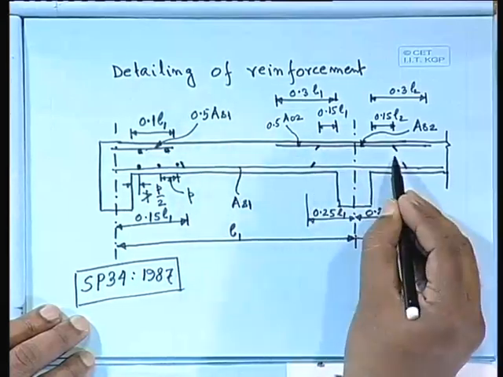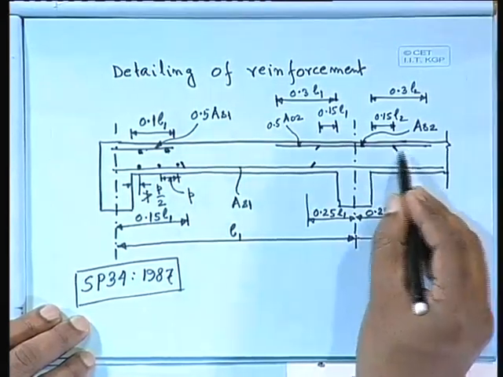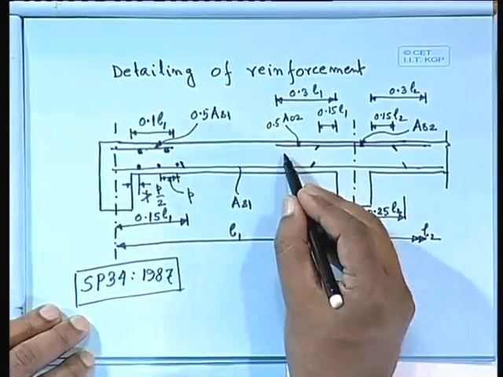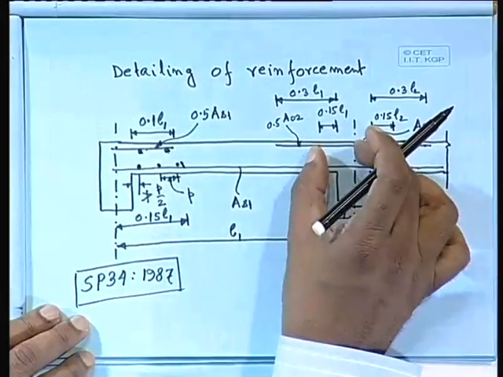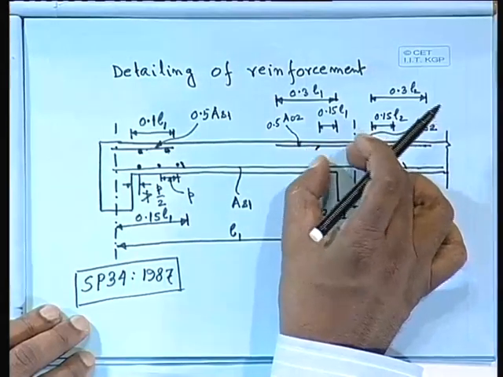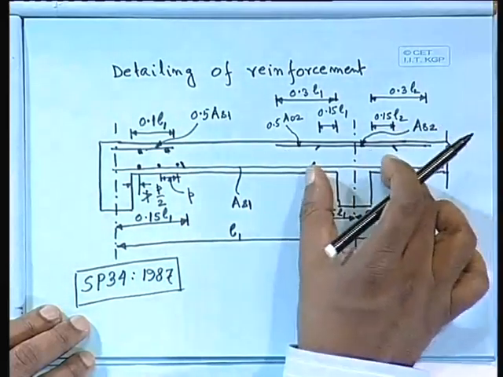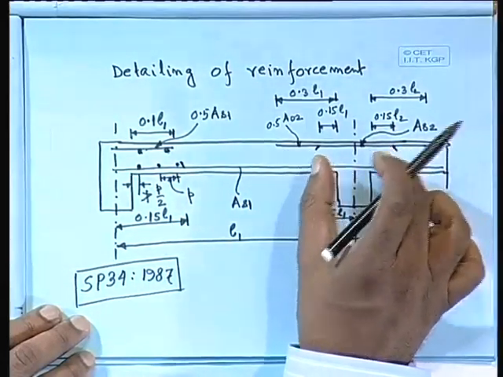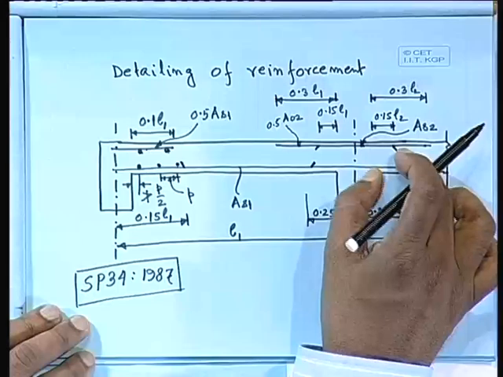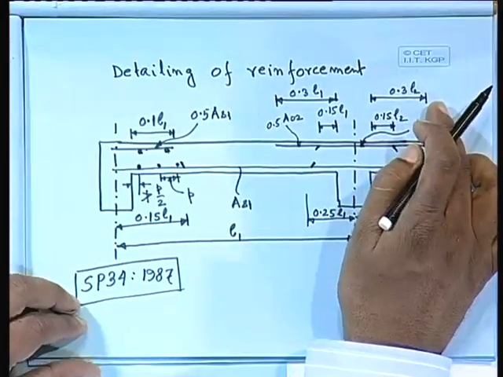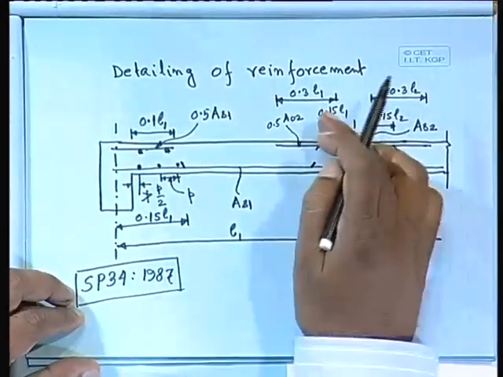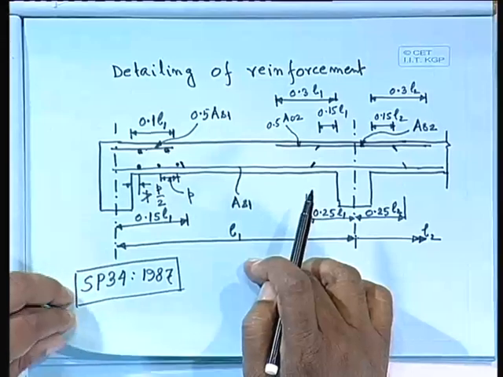So, here we have a curtailment, because we know the moment also will reduce here. So, that is why you do not provide the full. So, 15% of the length this side, other side 15% of the length for this span, that is the total AS2, and then 50% of that we shall provide here, which is going up to 0.3 L2 this side because the span is L2, and 0.3 L1 this side because the span is L1.